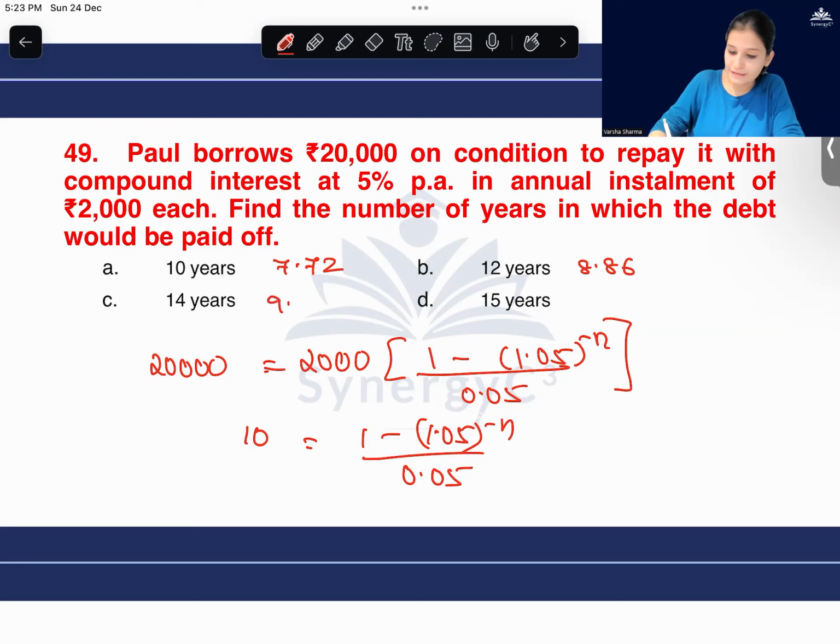This is 9.89. This is 10.37. So which one is closer? C.